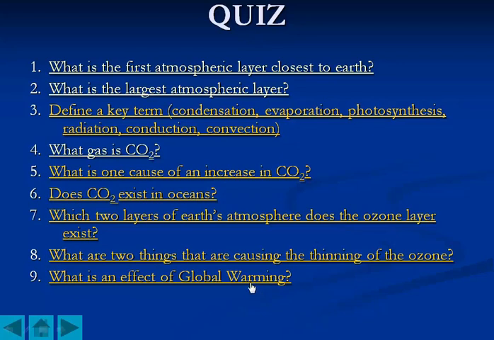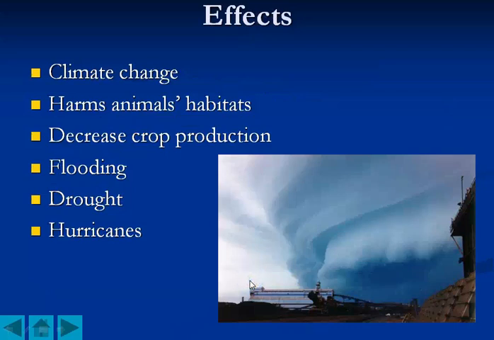What is an effect of global warming? Now here, this is a broad answer you can give related with global warming. Because of the greenhouse gas effect, heating of earth quickens, and that is one reason. Thereafter, depletion of the ozone layer also increases the temperature.